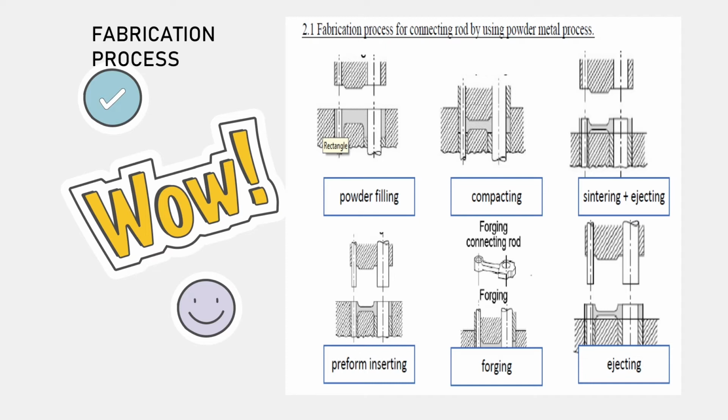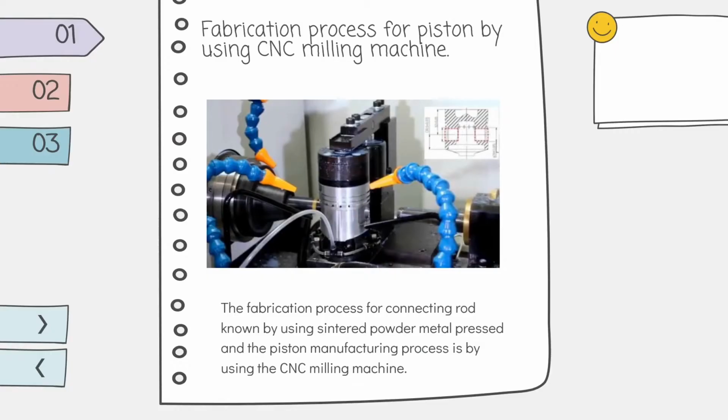The powder metal is pressed together and then put into ovens where it is sintered, gradually melting together and forming the rod. This process is suitable for automotive parts because it can be used in engines with 7,000 RPM. Next, I will proceed with the fabrication process for the piston by using a CNC milling machine.